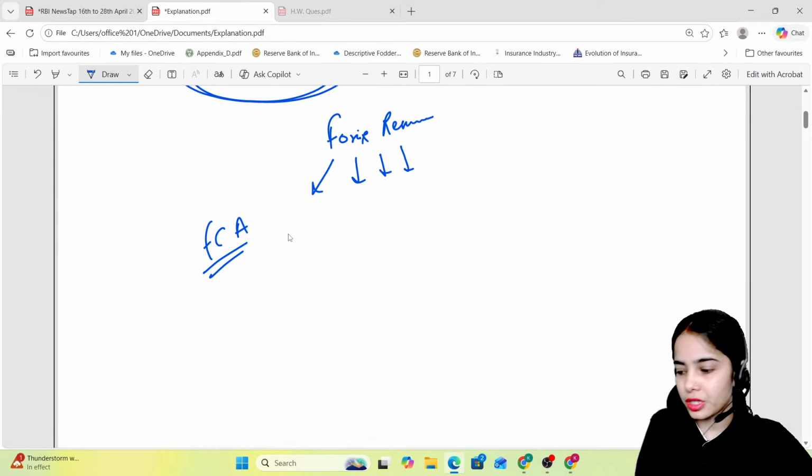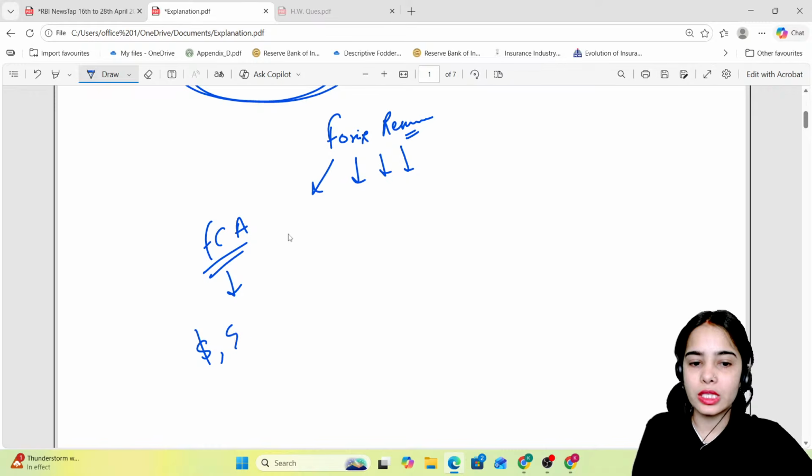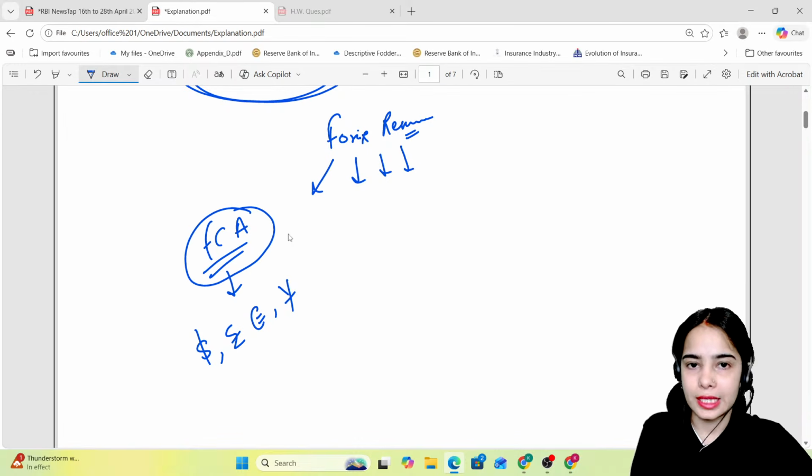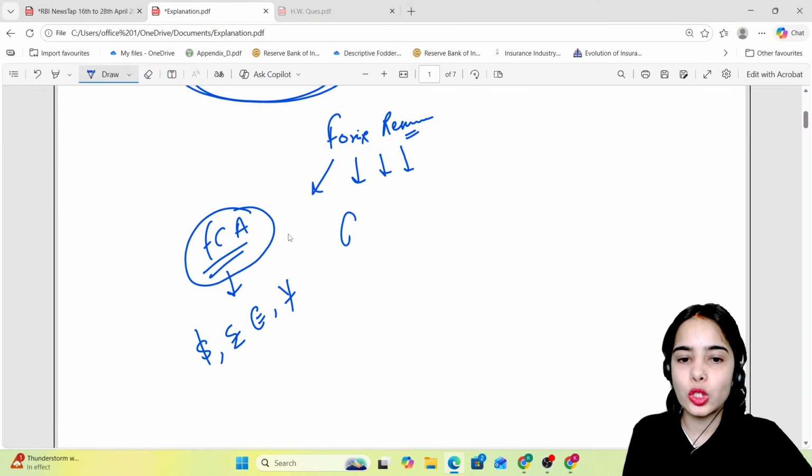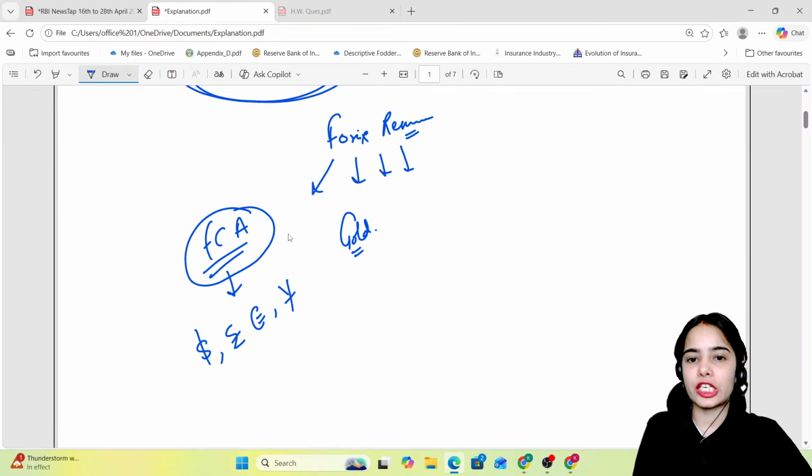The foreign exchange reserves consist of different components. First, the foreign currency assets: the RBI holds foreign currency, the dollars, the pound sterling, the euro, as well as the Japanese yen and other currencies. There is also gold held in the foreign exchange reserves. How much gold is held, and what is its percentage? All of this we will discuss.